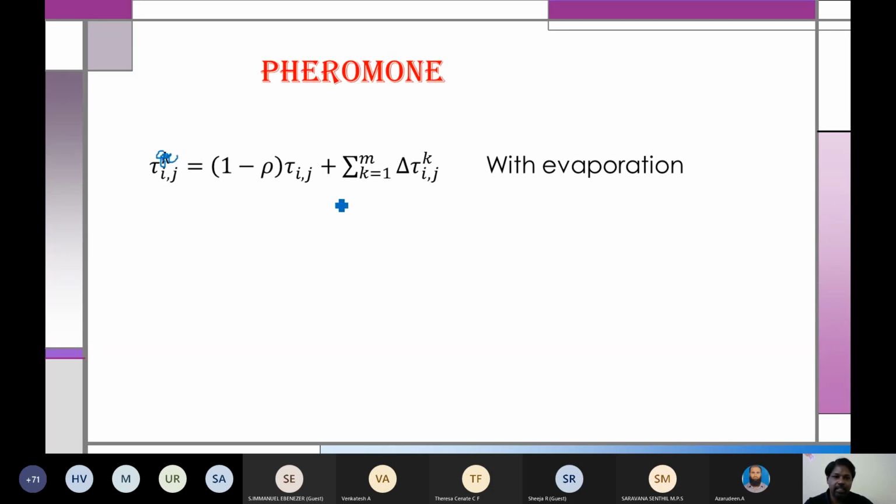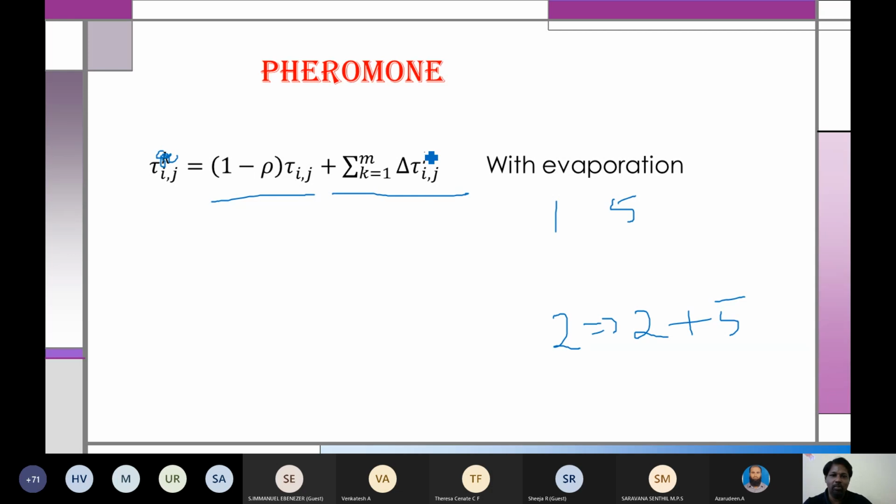So this is the pheromone content it is going to deposit, and this is the pheromone content it had earlier. That means I have two iterations, iteration 1 and iteration 2. In the first iteration, if I have 5 pheromone, and in the second iteration I am secreting 2 plus the earlier one, which is 5. This is how it is going, right? First iteration I have some pheromone content. Second iteration, how much is secreted plus what was previously available.